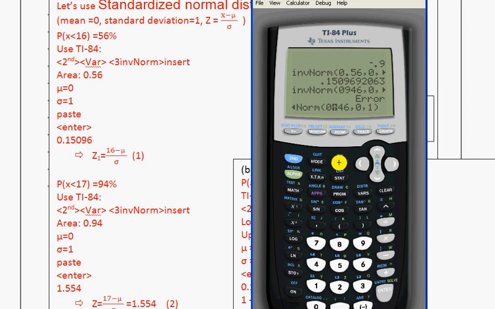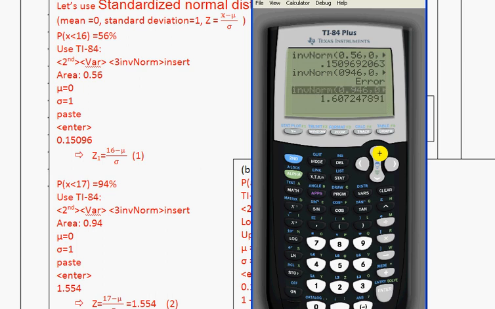I press enter again, and now I get something strange. Because I should have 0.94, not 0.9. Again enter.